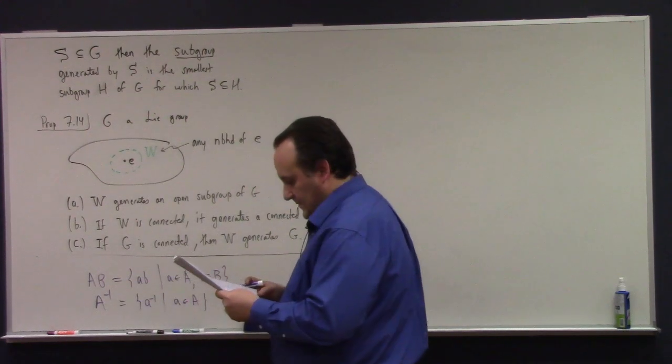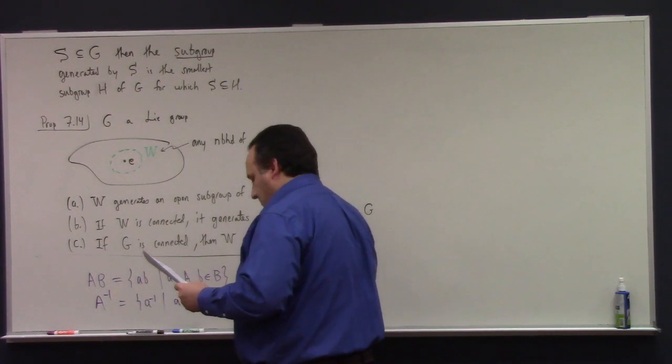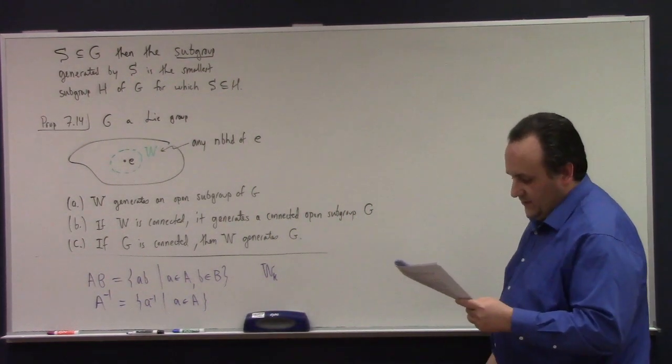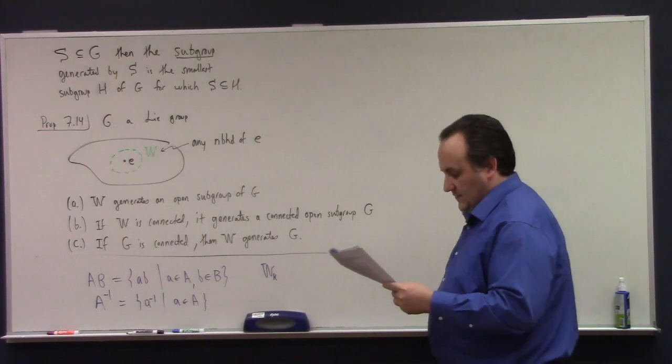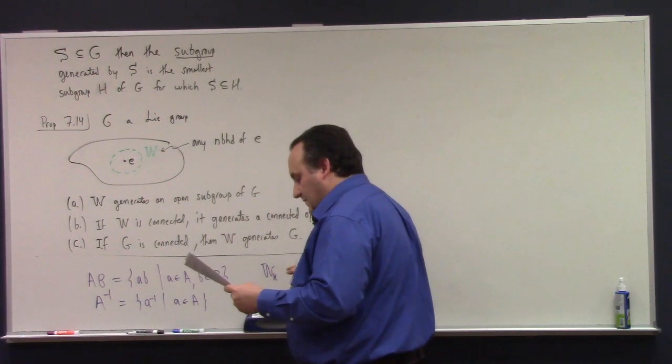With that, he then talks about W sub k being the set of all elements of G that can be expressed as the product of k or fewer elements.